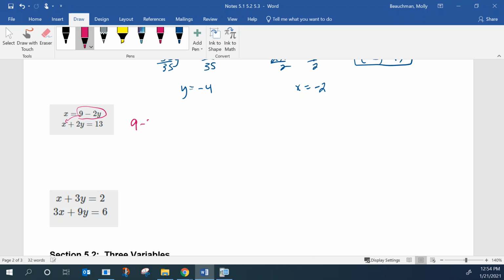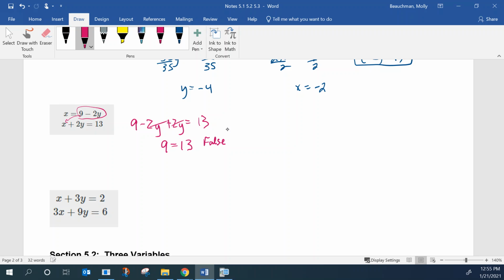So I get 9 minus 2y plus 2y is equal to 13. Now notice that negative 2y plus 2y cancel each other out, and I'm left with the variables canceling, and 9 is equal to 13. That's a false statement.